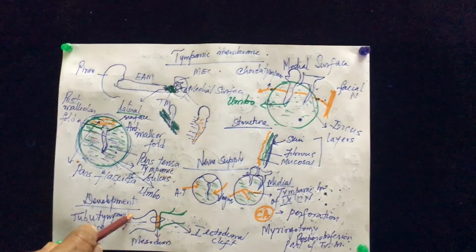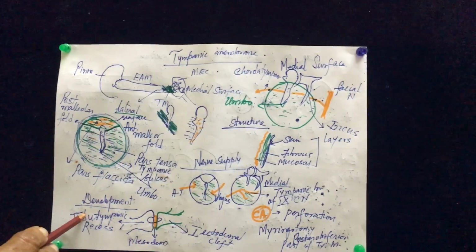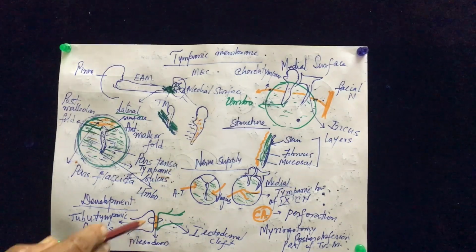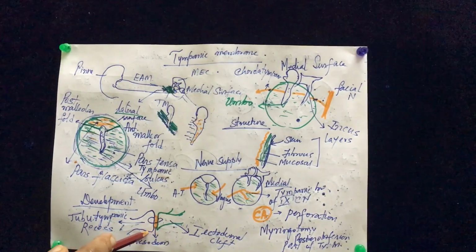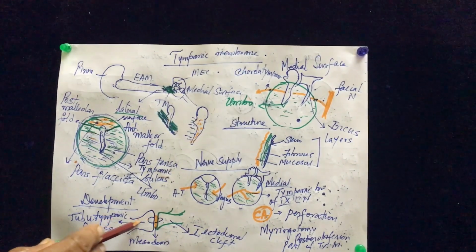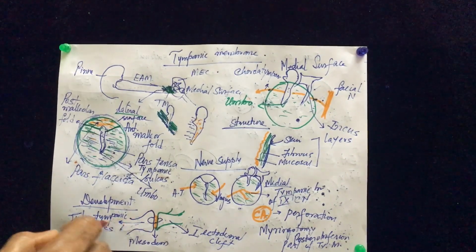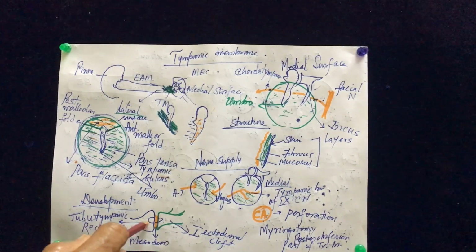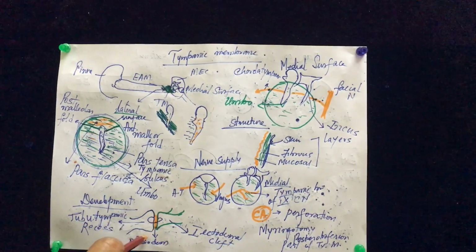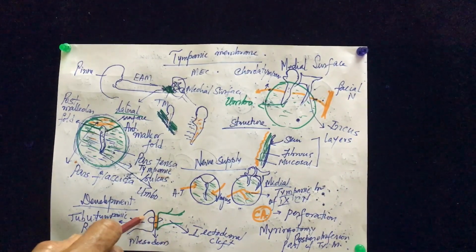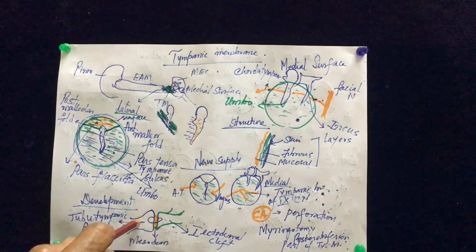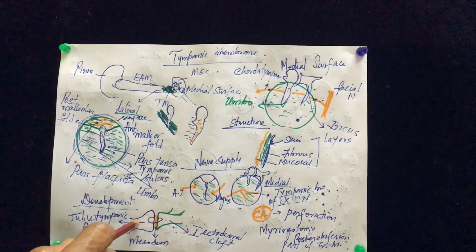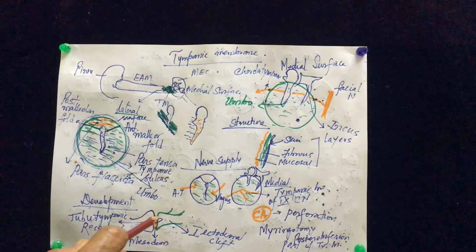Development of the tympanic membrane. The tympanic membrane develops from the extension of the tubotympanic recess, its lateral end. The tubotympanic recess is an extension of the first endodermal pouch. This recess forms the middle ear cavity as well as the auditory tube, at its proximal and distal ends.